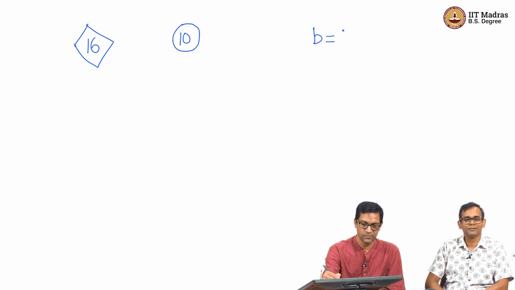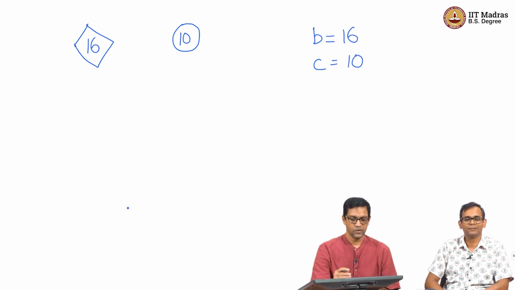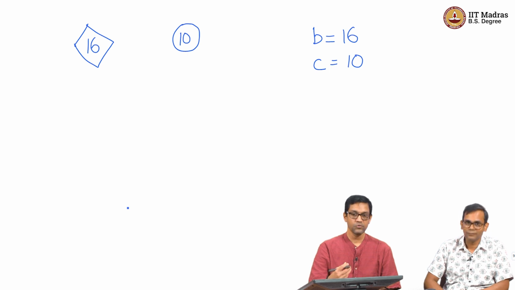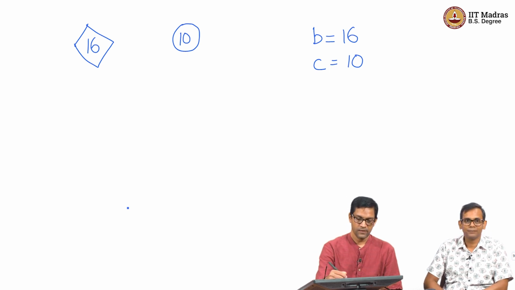So suppose I take B to be the number 16 and C to be the number 10, then what are all the transactions I can do just using these two coins? Well, I can give you some number of 16 rupee coins or take some number of 16 rupee coins from you. So that is some integer m times 16 and plus n times a 10 rupee coin.